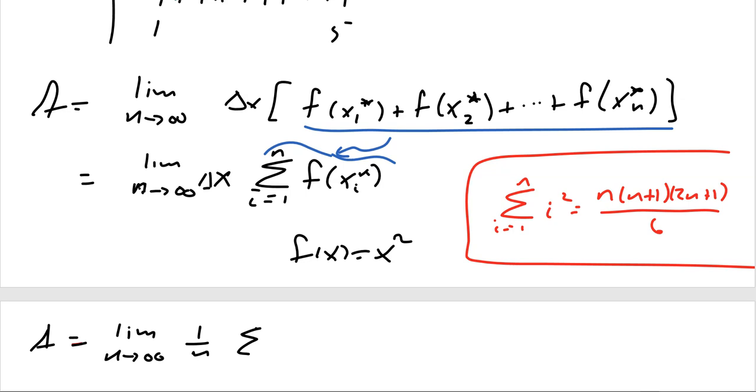So the question I have is, what do we have going on here? That shouldn't be 1 over n. Since I was going from 1 to 5, and we had 8 intervals, it should be 4 over n.